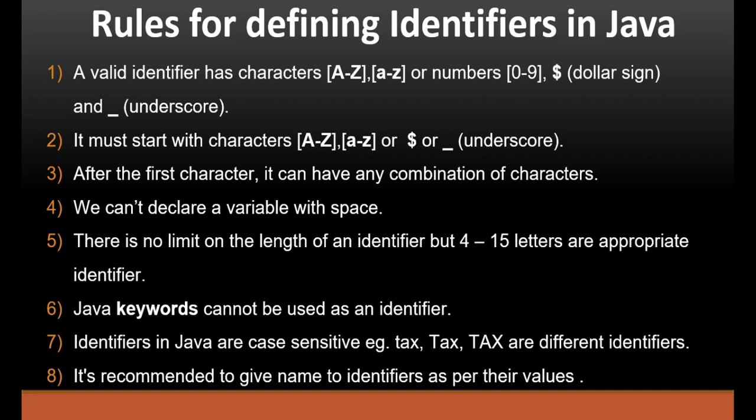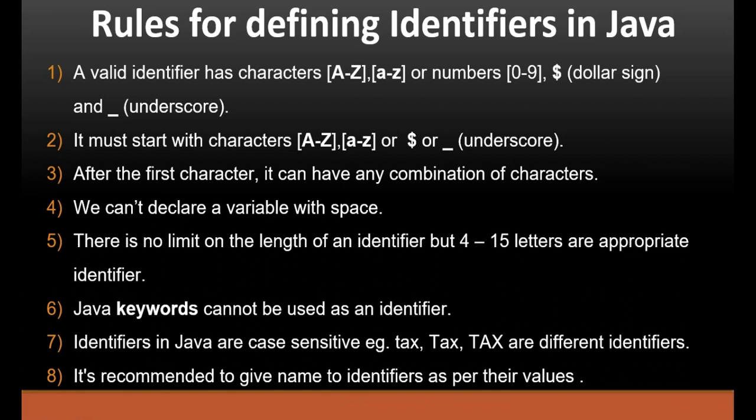So if you are writing any identifier in capital and the same name you are writing in small, then that is a different identifier. You can see the example. I have given tax in small and then tax in capital and tax in small and capital. So these are the three different identifiers. So identifiers are case sensitive. This tax is different than this tax and this tax.